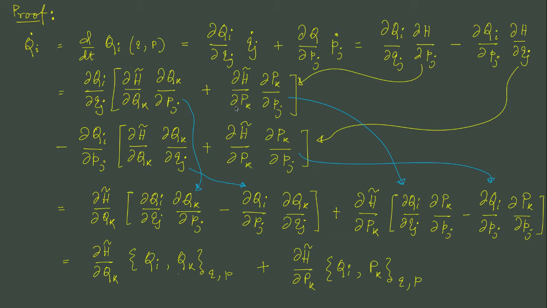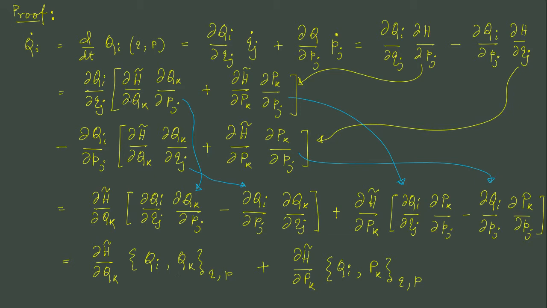And similarly, the other part would be ∂H̃/∂Pk times ∂Pk/∂pj. So, all we did is we wrote H in terms of the H tilde, which is a function of capital Q and P, and then we expanded it using the chain rule. For the other derivative also, we expand it, and then we rearrange the terms.